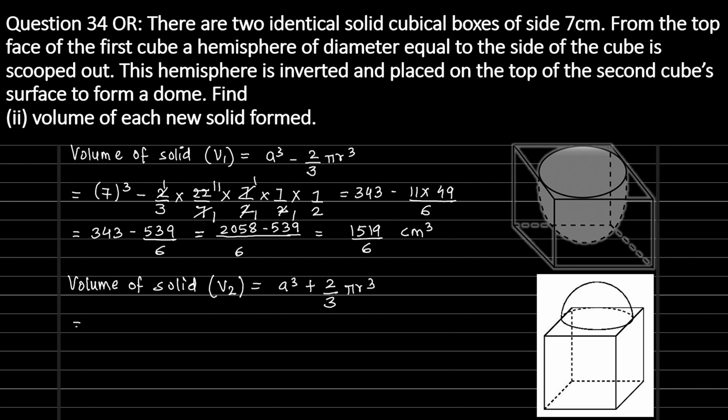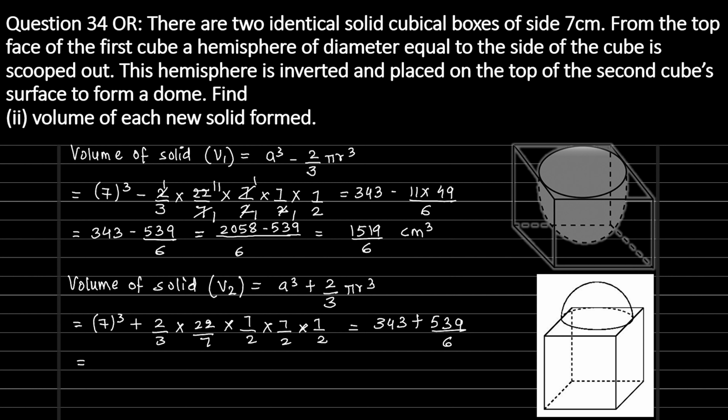Let's substitute the values. Here a cube would be 7 whole cube plus 2 by 3 into 22 by 7 into r cube, that is 7 by 2 into 7 by 2 into 7 by 2. So 7 cube is 343, and simplifying the rest, I am writing it as 539 divided by 6.